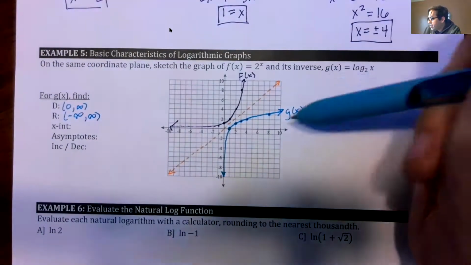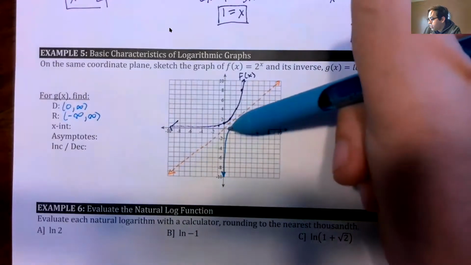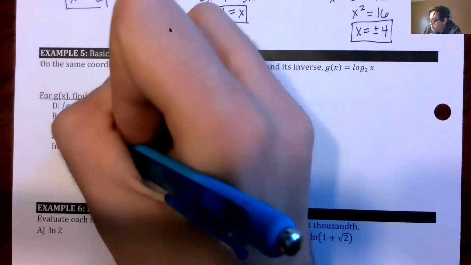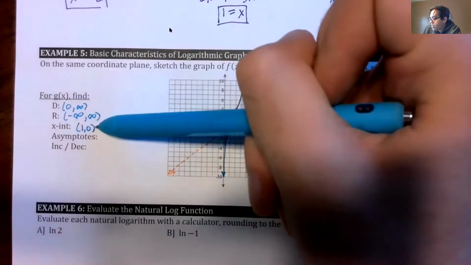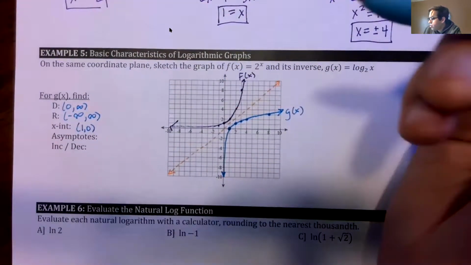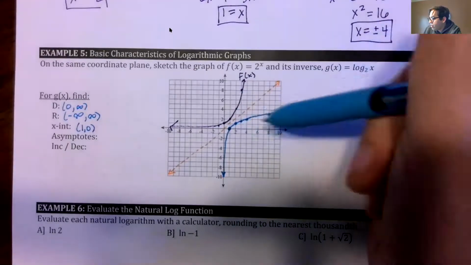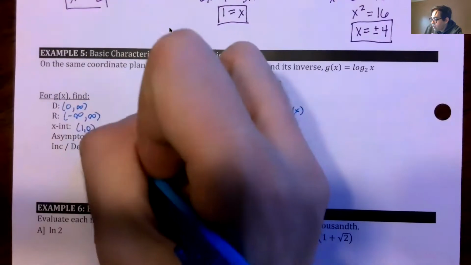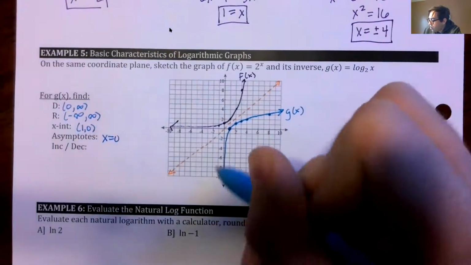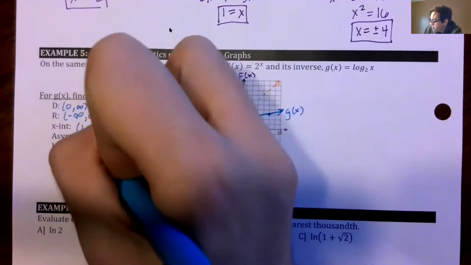The x-intercept. So here's our x-axis. We intercept it right here at 1, 0. And remember, these are interval notation, but this is an ordered pair, but the notation looks similar. On the blue curve, we have a vertical asymptote at x equals 0. And this is always increasing.